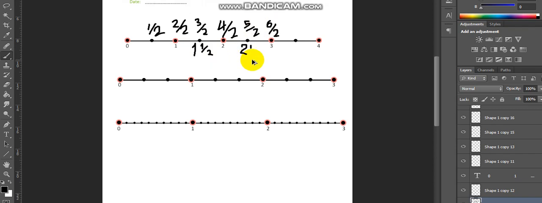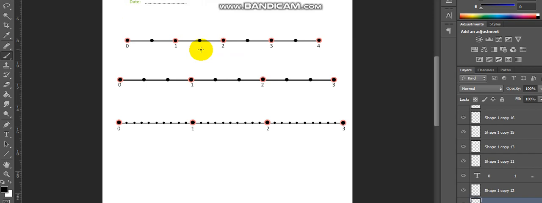Now let's say I want to do all of this, but instead of halves, I want to work with thirds. So let's go on this line here, where the line from 0 to 1 is separated into 3 parts. So in this case, I would have 1/3. Here I would have 2/3. Here I would have 3/3.